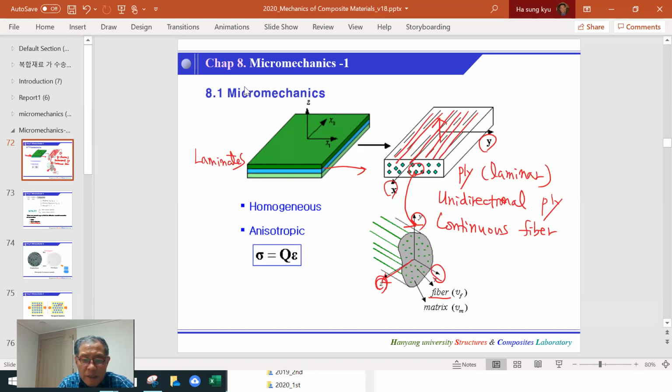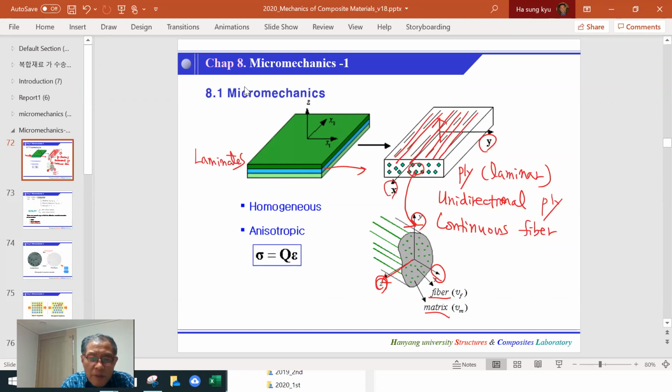Again, at this local micro level, I indicate some portions of these cross sections.